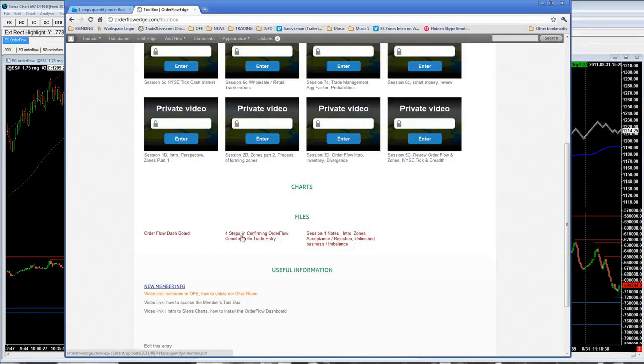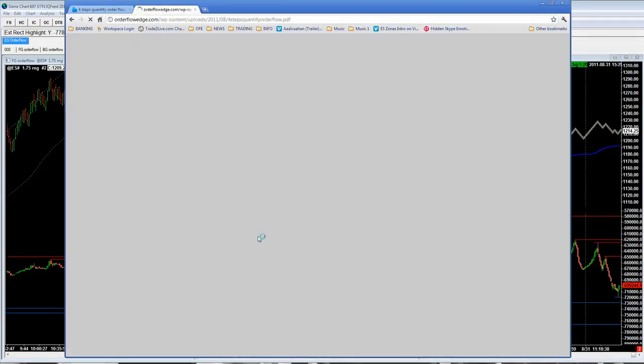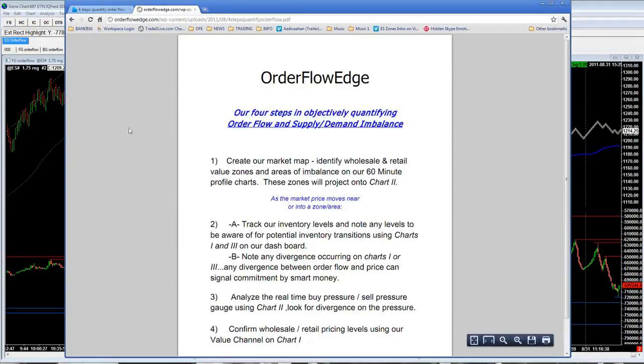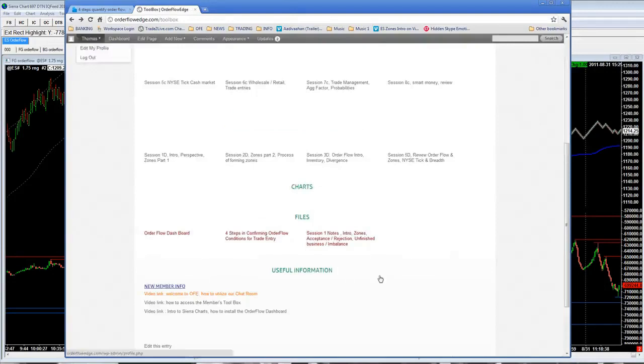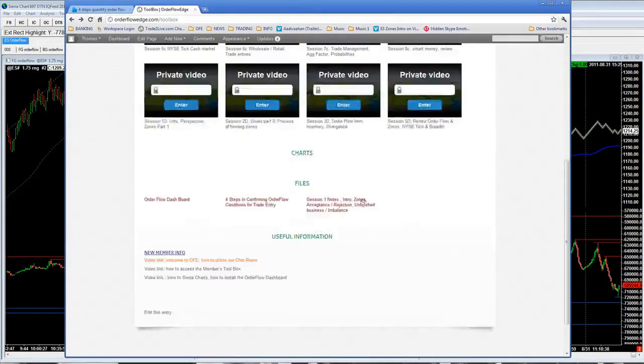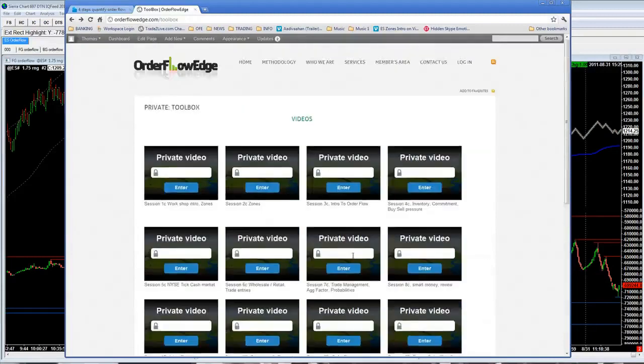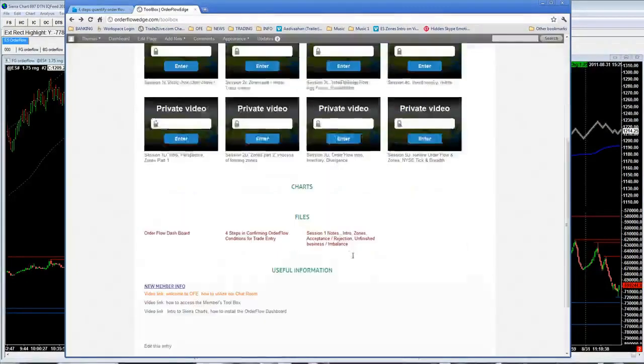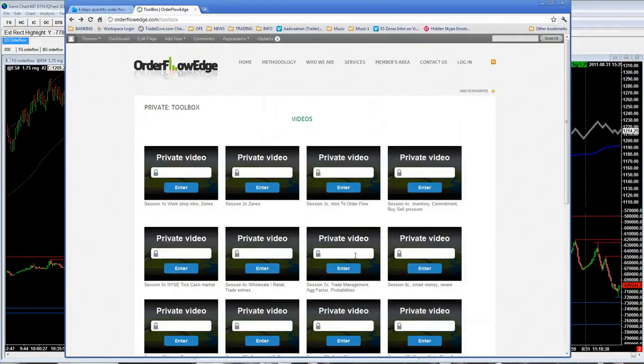This is actually a screenshot, but this is a PDF file right here. 4 steps in confirming order flow. Just hit it, and it'll come up on your screen there. And we have more notes to upload over here too. It's starting to fill up. There's a lot of good material on here, guys, to keep you busy, to give you homework, to study.